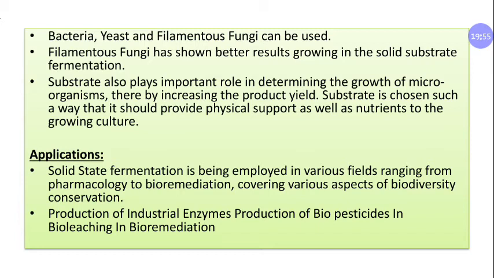The substrate is chosen in such a way that it provides physical support as well as nutrients to the growing culture. Applications: solid state fermentation is employed in various fields ranging from pharmacology to bioremediation, covering various aspects of biodiversity conservation. These include production of industrial enzymes, production of biopesticides, bioleaching, and bioremediation.